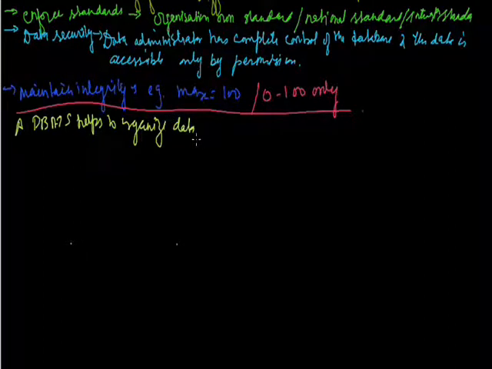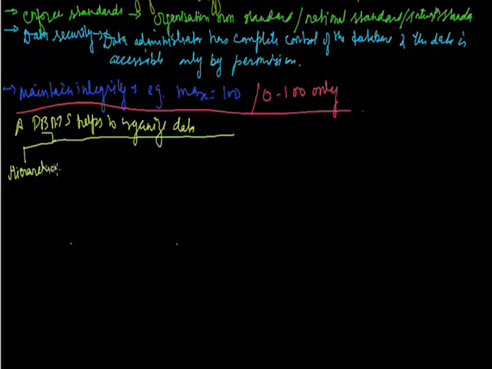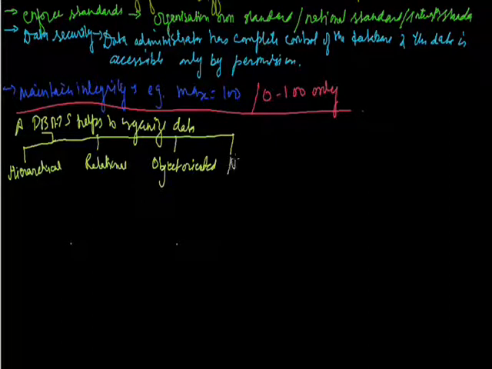Now, organizing data in which form? For that, we should have an idea that DBMS is categorized into 4 types. First is hierarchical, relational, then object oriented and network. ठीक?